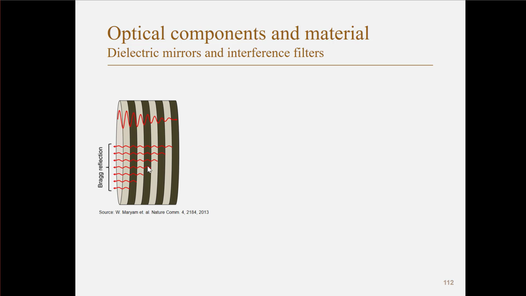When the light impinges on this, you get a little bit of light reflected from the first surface, and then a little bit of light reflected on the second surface, between these two indices of refraction, and from the next surface, and so on and so forth. For some wavelength where all of these different reflections interfere constructively, you can get very, very high reflectivity.